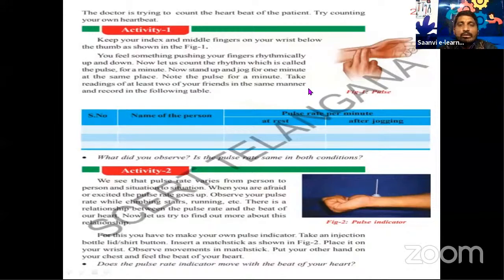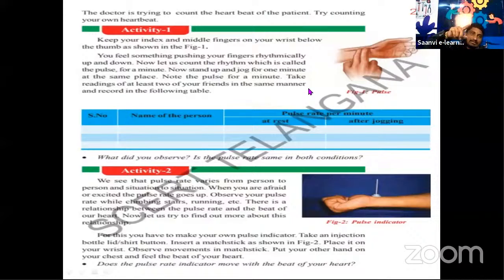Now, let us do one activity. Activity 1. Observe carefully, all of you. Keep your index and middle finger on your wrist below the thumb, as shown in figure 1.